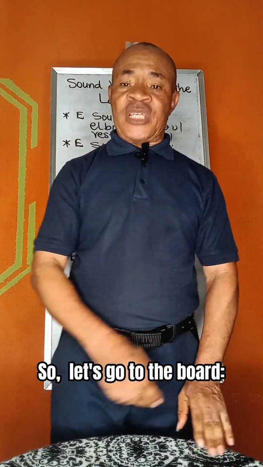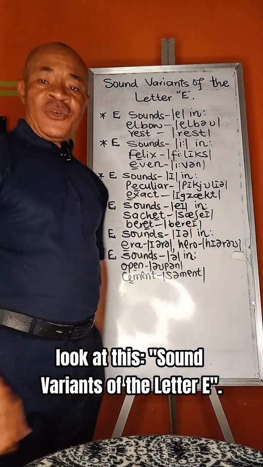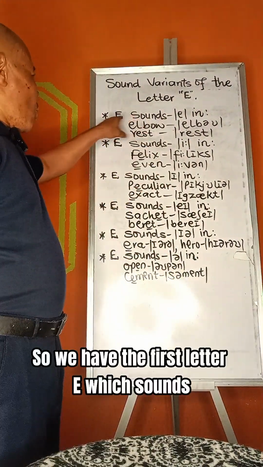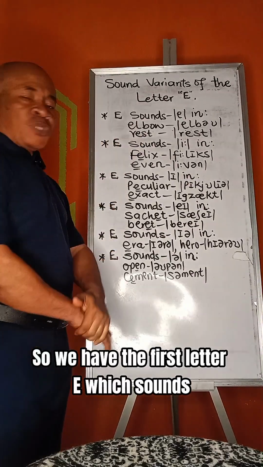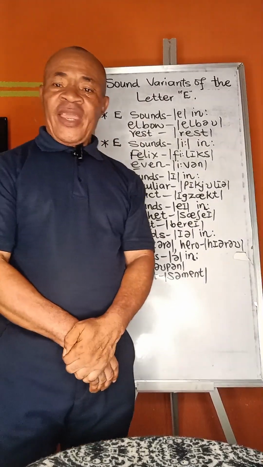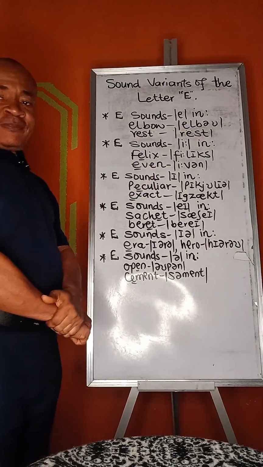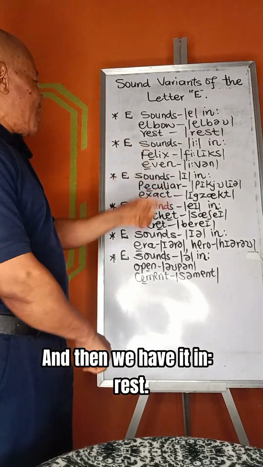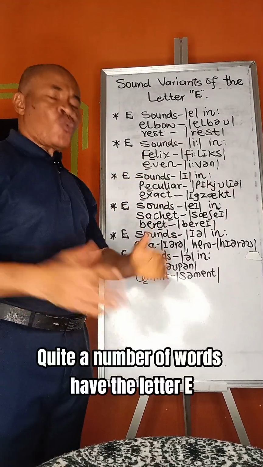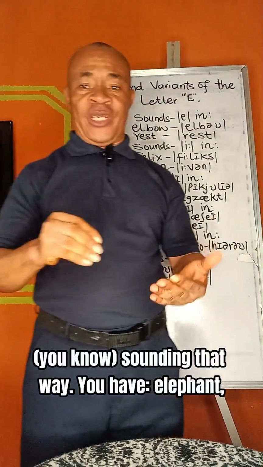So let's go to the board. Look at this: sound variants of the letter E. The first letter E sounds like the short sound in elbow. And then we have it in rest. Quite a number of words have the letter E sounding that way.